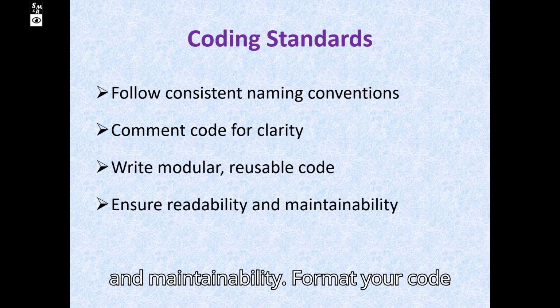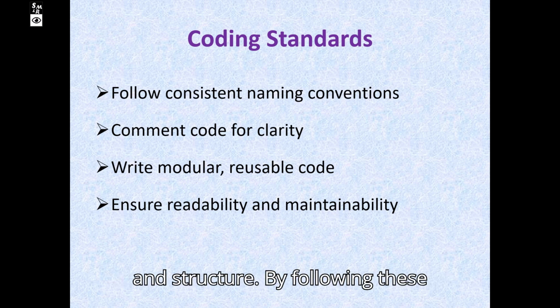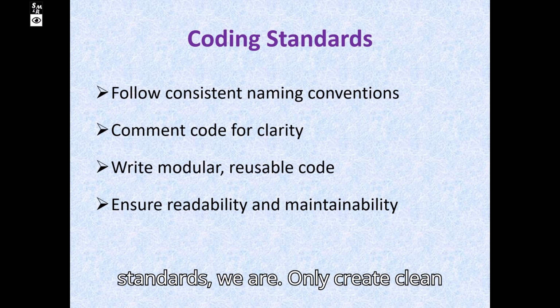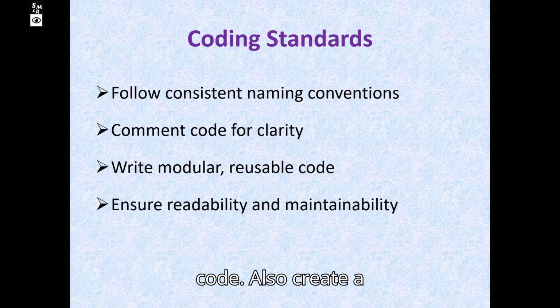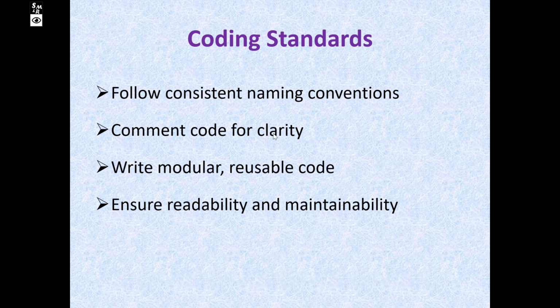Ensure readability and maintainability. Format your code neatly with proper indentation and structure. By following these standards, we not only create clean code, but also create a product that's easier to test, debug, scale, and maintain.